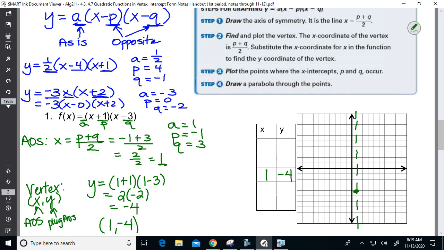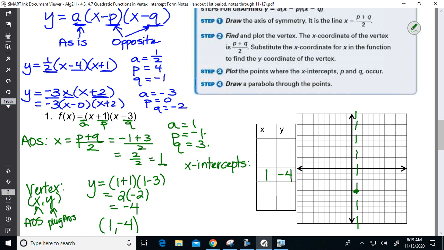In intercept form, we don't worry about the y-intercepts. p and q actually serve a special purpose. Those are your x-intercepts. Hence, this is why they call it intercept form.